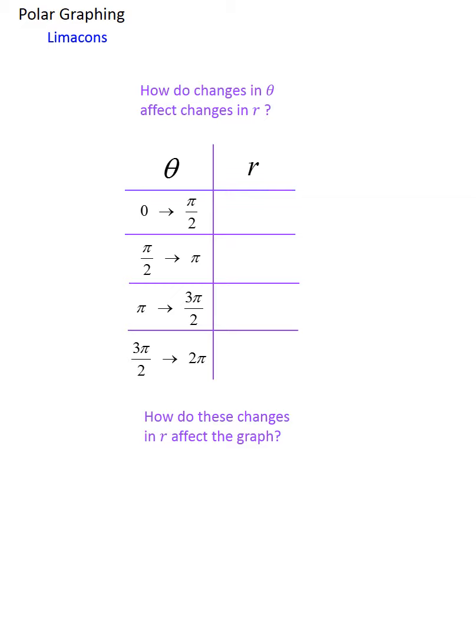In fact, this general concept will take us beyond limacons into any polar function that we want to graph. You won't have to memorize any formulas or any weird rules like if I have a sine, the pretzel is up or down, because you'll have a general strategy and you'll be able to analyze how changes in one variable affect other variables.